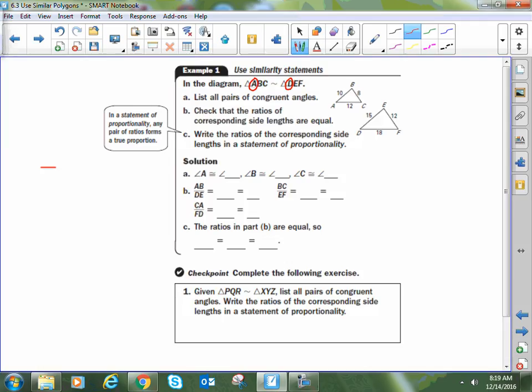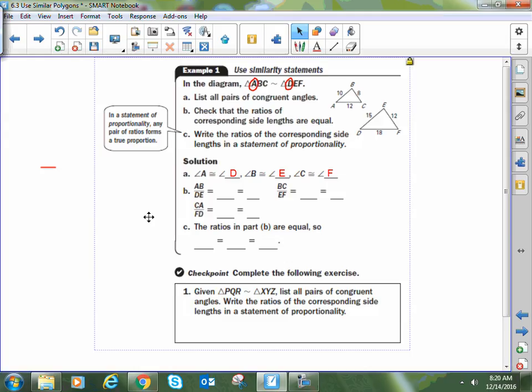So we could look at the names of the figures by themselves, or we could look at the diagrams themselves to see which angles correspond to which angles, or which sides correspond to which sides. So here, it's asking us to identify all of the corresponding angles, which is easy enough to do by either, again, looking at the way the figures are named or by looking at the diagrams.